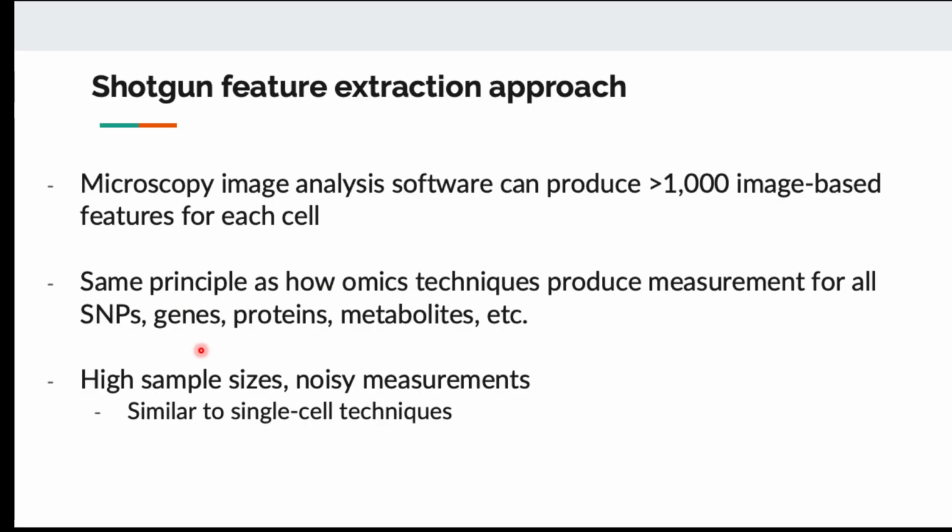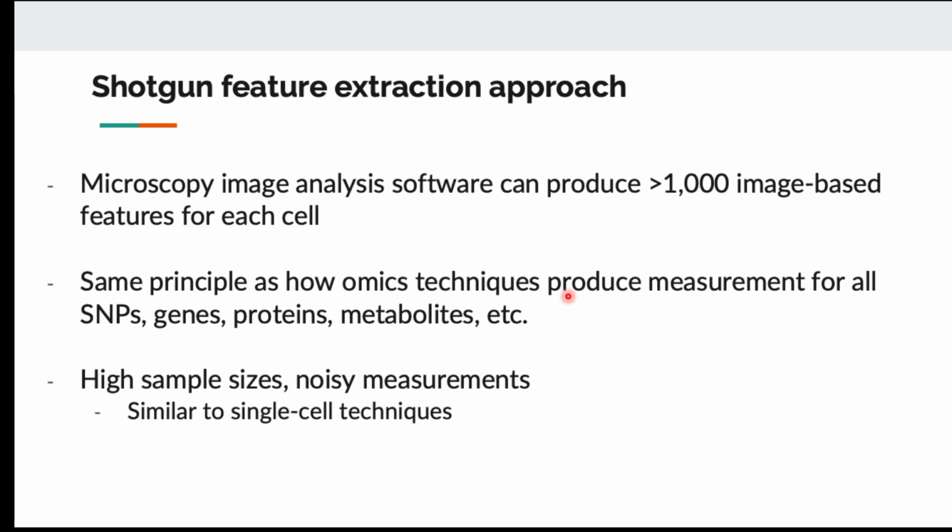We don't know if the area changed because of the disease. We don't know if the protein expression changed because of the disease. So we just compute everything. And we need to figure out which image features are the ones that are useful. If you think back to the transcriptomic lectures, we also had to do this when we performed differential expression.